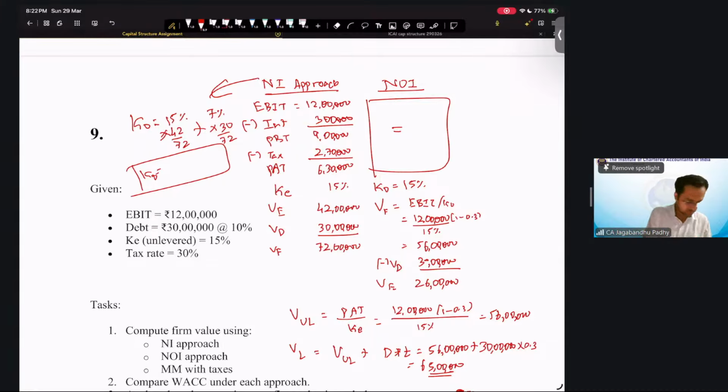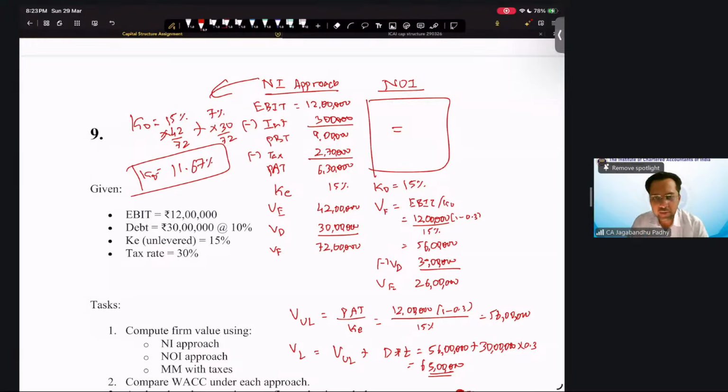So how much is this? 42 divided by 72.5833 into 15, that's 8.75, plus 2.9, that's 11.67%.